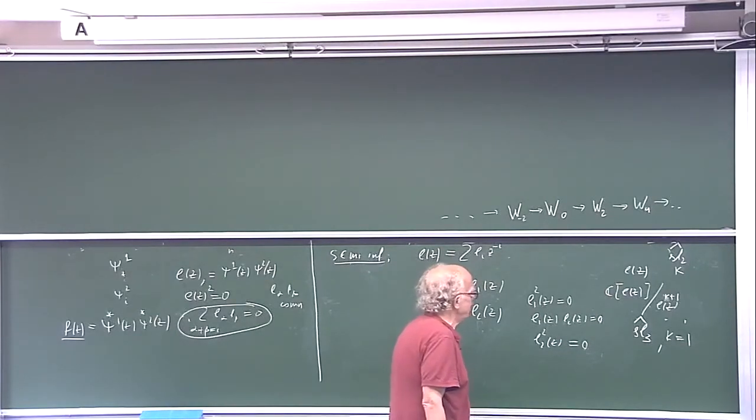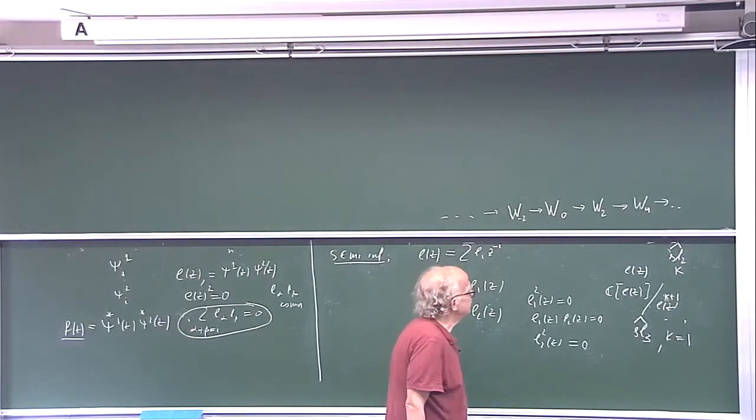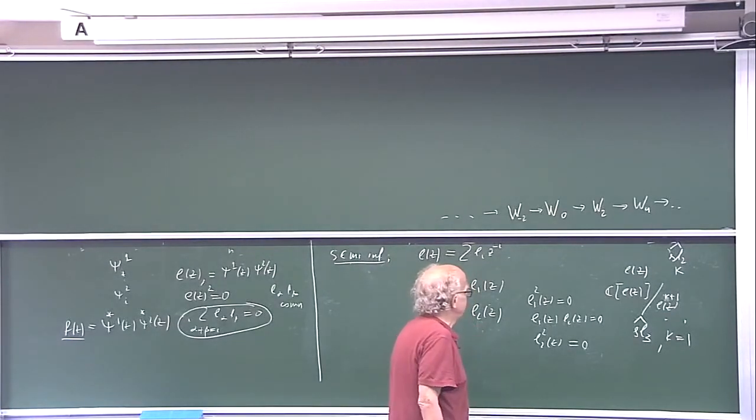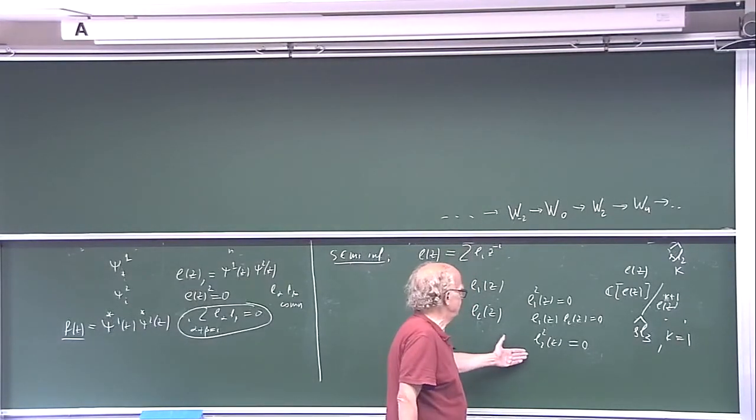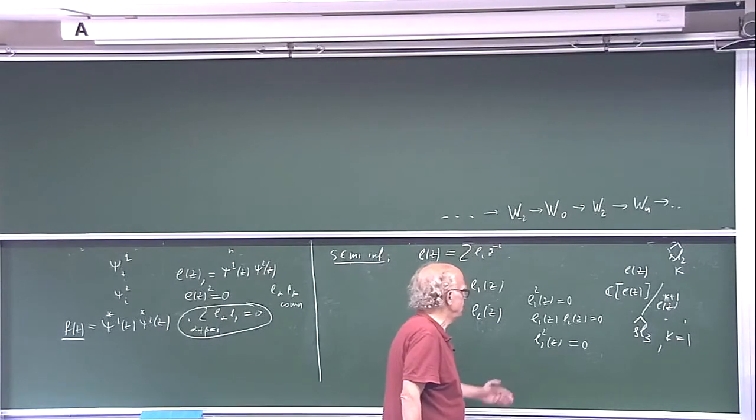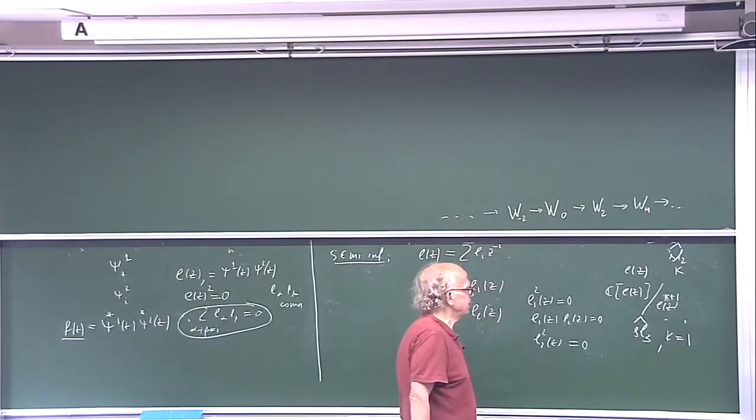In my life, I tried to play in this game many times, and in principle, the problem is the following. You have to choose, for example, polynomials P1 and P2, make up this construction.